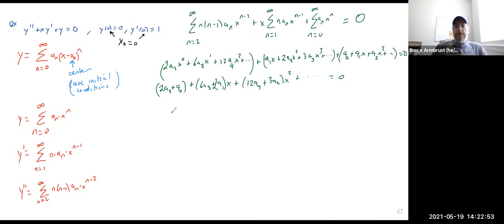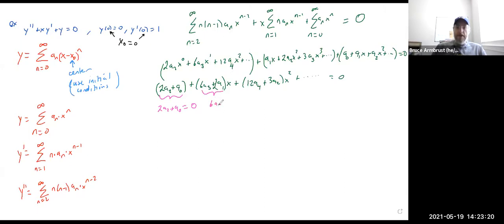All right, now this actually is going to tell me a little bit about the a's. Because if you look at this first piece, for example, where we've got 2 a2 plus a naught, I know that that is going to have to equal 0. Because that's what my differential equation is equal to, right? So the constant piece has to equal 0.